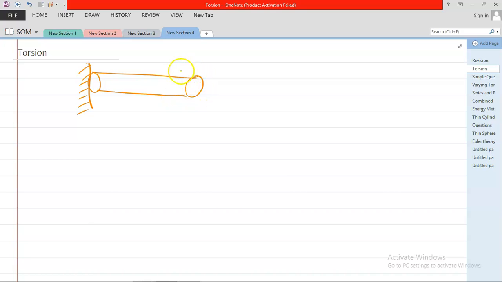Now you know when you apply this type of load, it is bending. If I apply any load in the perpendicular direction to its center axis, that is called bending. So bending can be applied in this direction, or any direction.